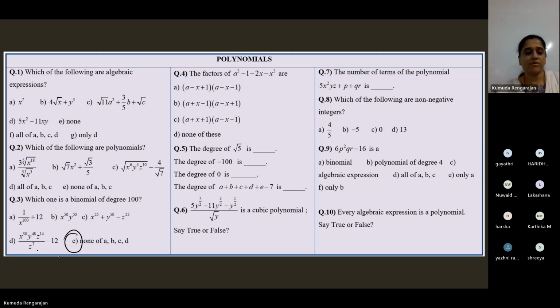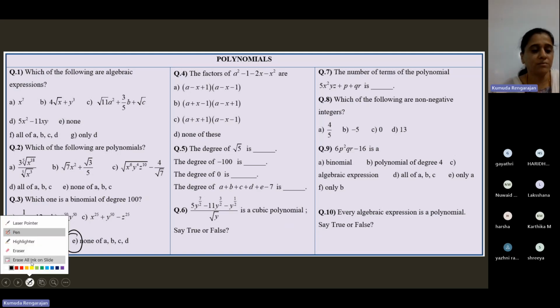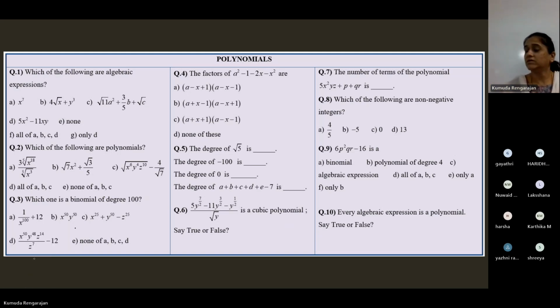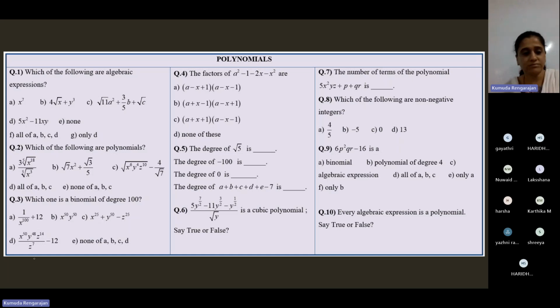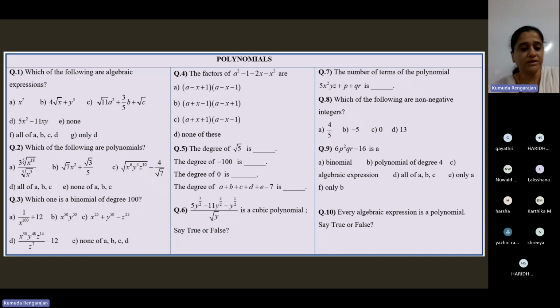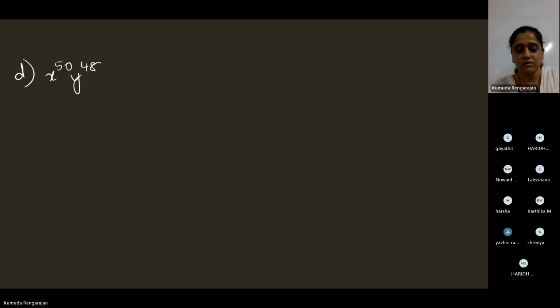Correct? Complete this. So which one do we have to work on here? Only option D, right? Only option D we had to work on: x to the power 50, y to the power 48, z to the power 14 divided by z to the power 7, minus 12.